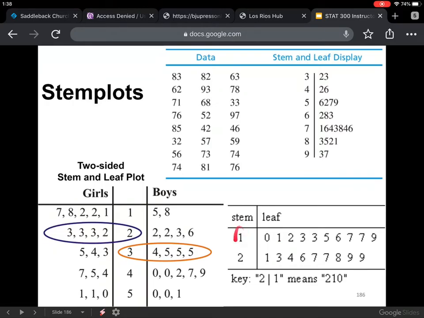This 1 is the stem, and this 1 is the tens place. This is the hundreds place, and this is the tens place. So this would be 110, 120, 130, 210, 230, 240, and so forth. That's another stem and leaf plot, and we would be able to find out how to read this because there was a key involved. Okay.